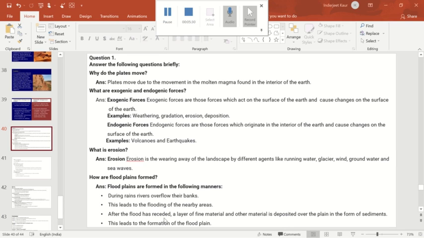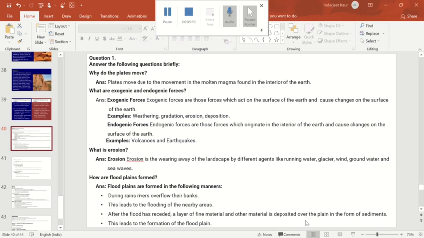After the flood has receded, a layer of fine material and other material is deposited over the plain in the form of sediment. When the water recedes, it either seeps into the soil or evaporates because of the heat of the sun, and what remains on the surface, the uppermost layer, is formed of sediments.